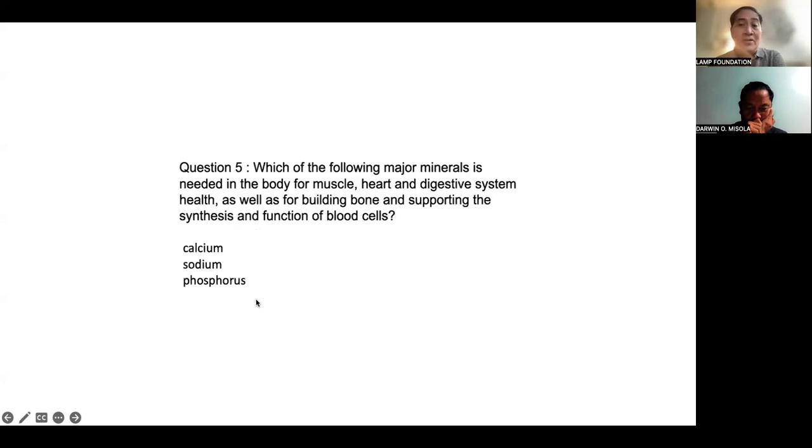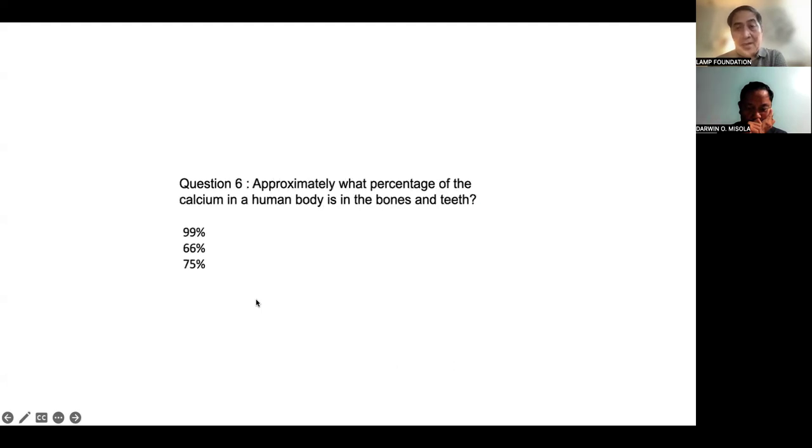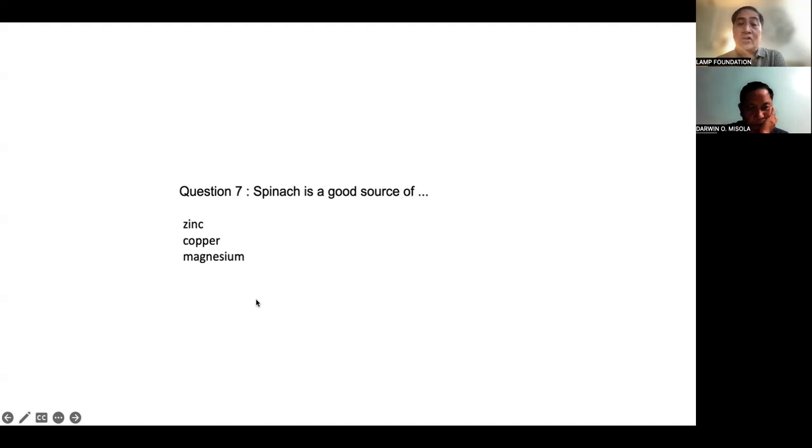Which of the following major minerals is needed in the body for muscle, heart, and digestive system health, as well as for building bone and supporting the synthesis and function of blood cells? Calcium. Approximately what percentage of the calcium in the human body is in the bones and teeth? 99%, doc.